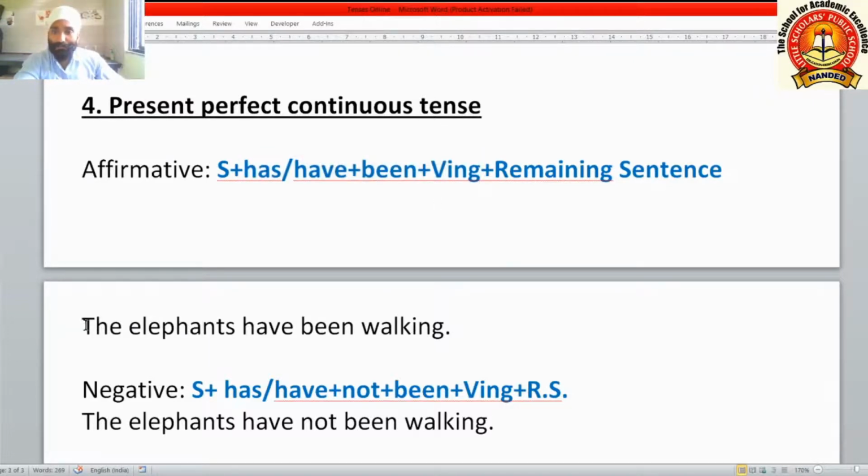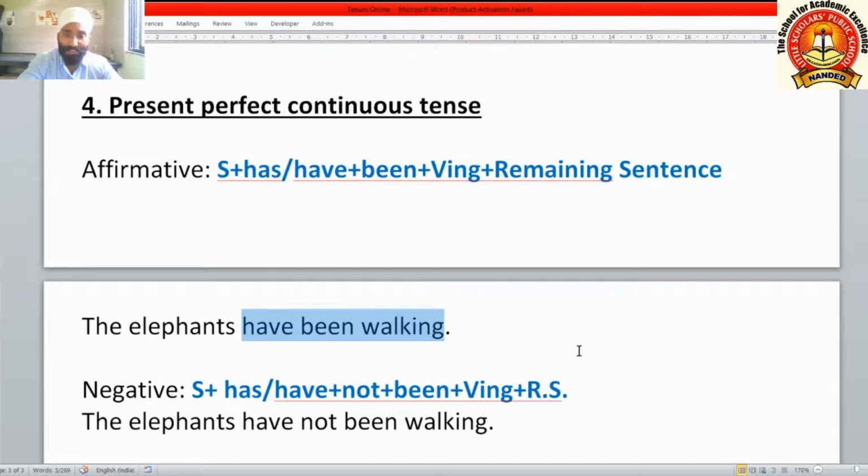Let us see the example for this structure. The elephants have been walking. Here remaining sentence is not there. You can assume the elephants have been walking in the jungle, so that in the jungle will be the remaining sentence. But what is important here is this present perfect continuous structure: have/has plus been plus verb with the ing form.